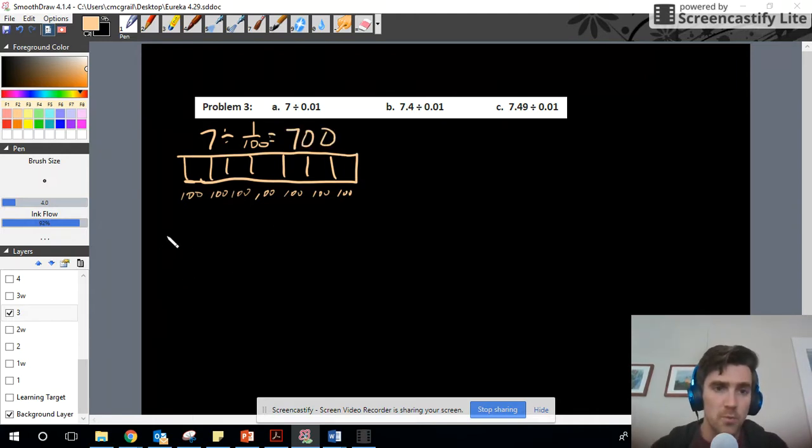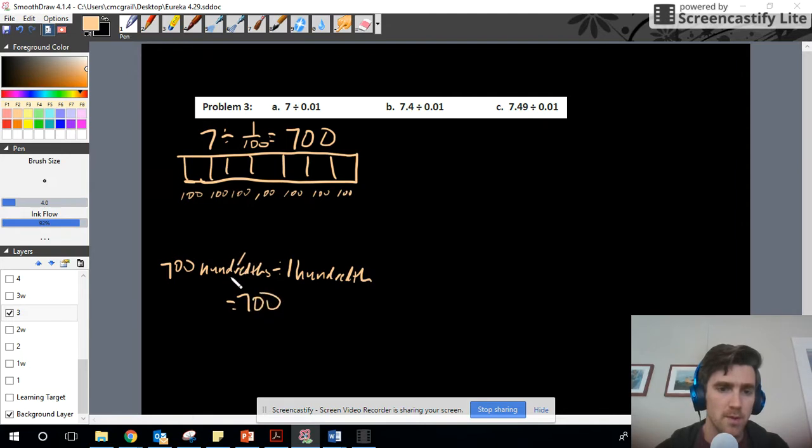Writing this as a number sentence, I would say in hundredths, I would say 700 hundredths divided by 1/100th equals 700, because these units can cross out when they match. So my answer to the first one is 700. Notice what's happening to our decimal point when we divide by a small unit fraction.